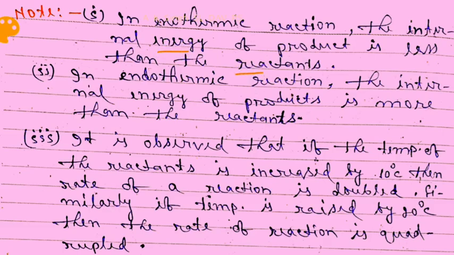That you have seen in the graph. Energy of product is less than reactant. Second point, in endothermic reaction, the internal energy of the products is more than reactants. Why? Because energy is absorbed.